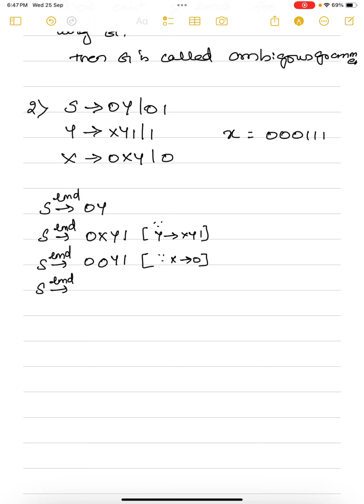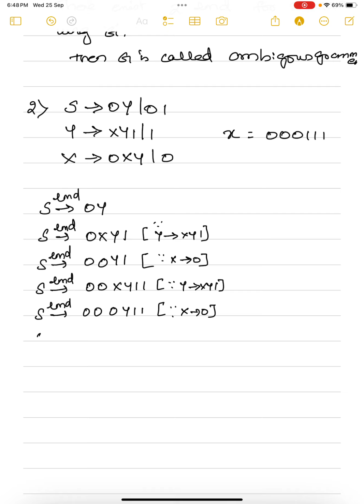Now you have this Y, so you make it XY1 and 1, since you have a production Y goes to XY1. Now 00, this X you replace with 0, since you have a production X goes to 0.